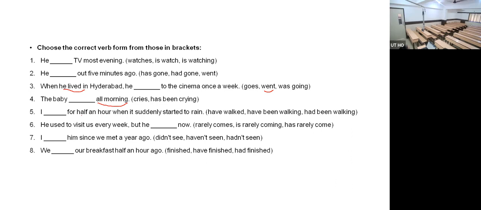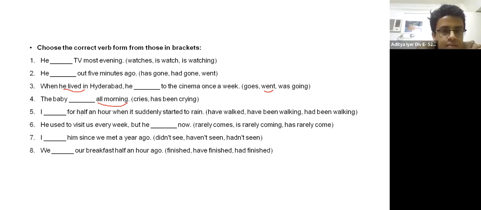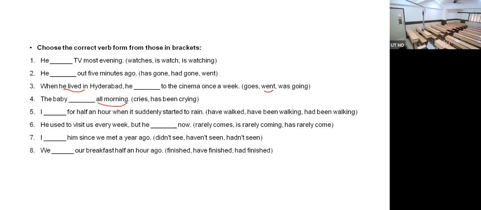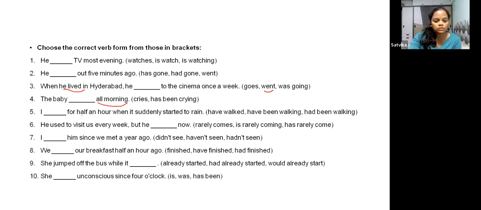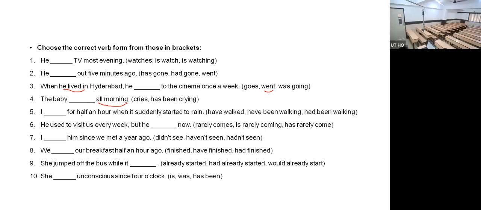Okay, number 7. Haven't seen. Since we met. Now here the since comes in. I haven't seen him since we met a year ago. Okay, number 8. We finished our breakfast. Yeah, we finished.